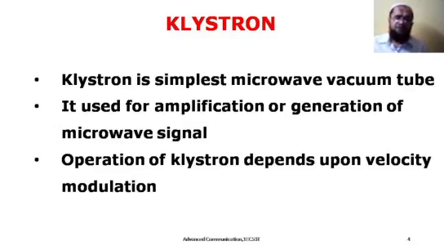In that, first and foremost, the oscillator or generator of microwave frequency is the klystron. Klystron is the simplest microwave vacuum tube. It is a vacuum tube generator which generates very high frequency, that is the microwave frequency.